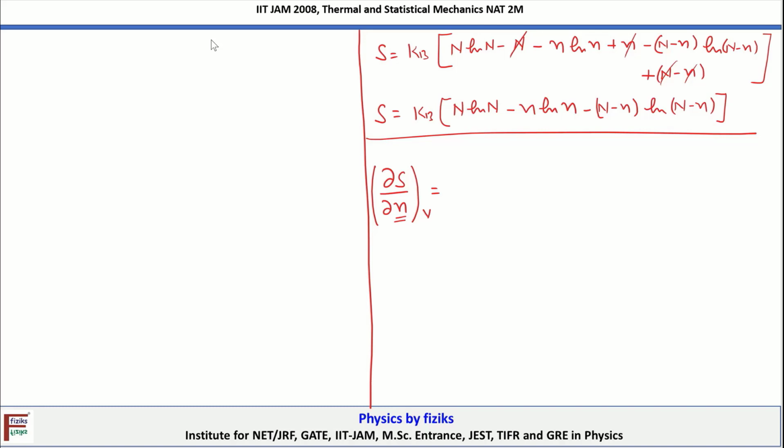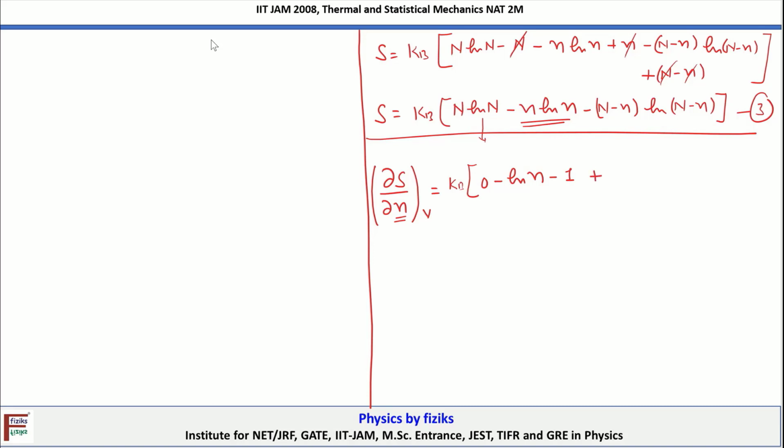Here let me call this equation 3, since equation 2 I have already given. Now we are going to differentiate equation 3 with respect to small n by keeping V constant. So kB outside as it is. The first term will give you 0, since it's with respect to small n. Then minus ln n minus 1, from this expression if you differentiate it with respect to small n.